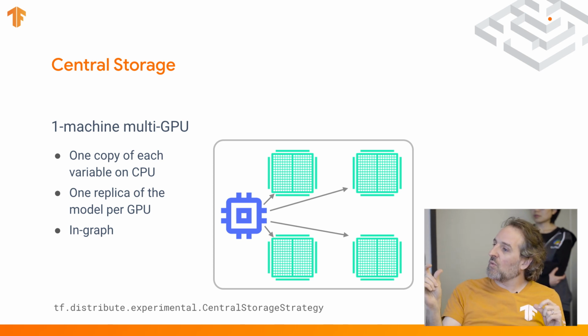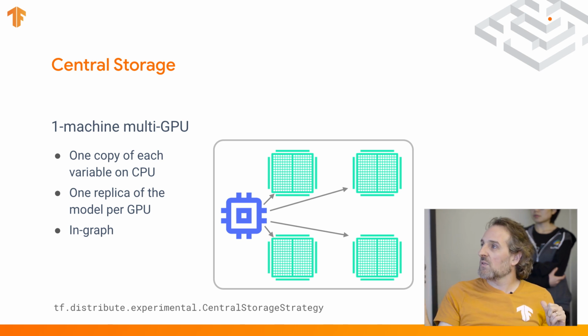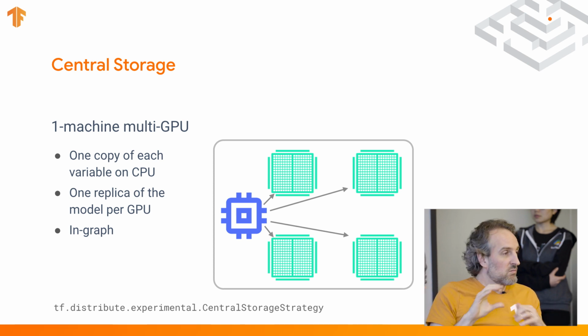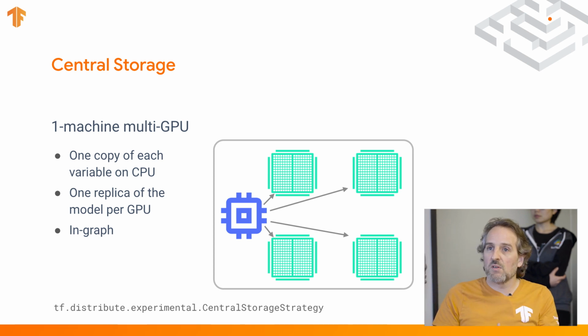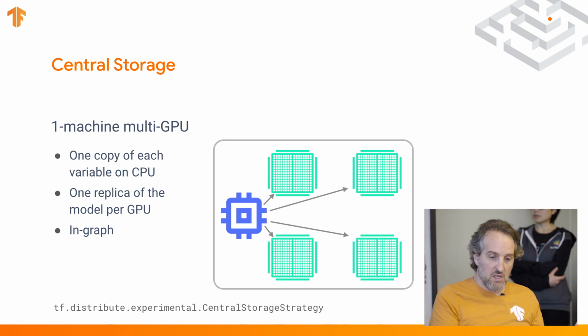But again, the implementation is almost identical. It's just the configuration is different because all of the variables are stored as a single copy on the CPU. And this is also known as PS-CPU in the TF-CNN benchmark language.